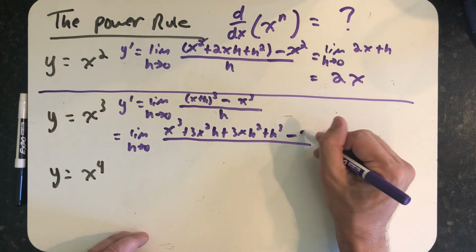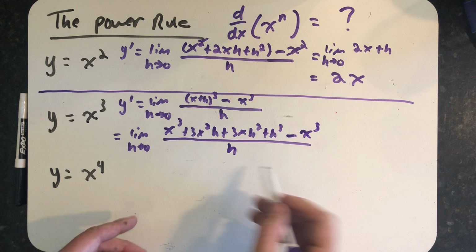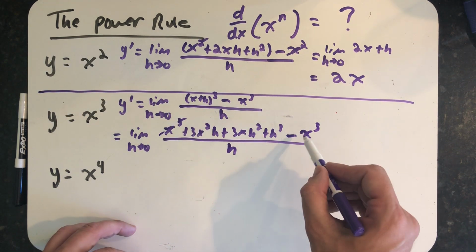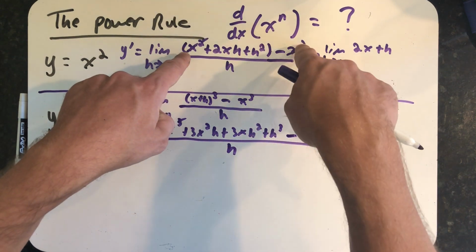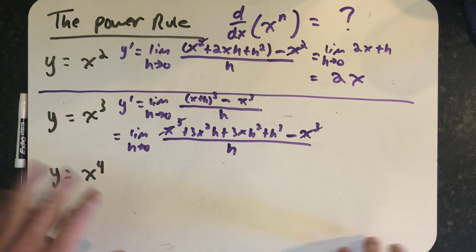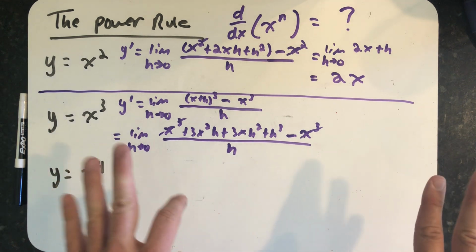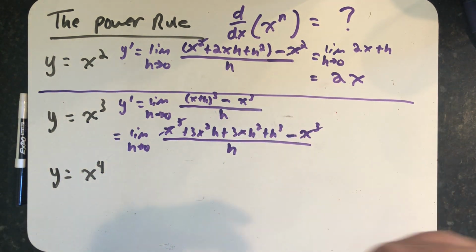Now I'm just ready for that minus x cubed. And again, the x cubes cancel. And what I see going on here is the power of x will always be the first thing and the thing I write that I'm subtracting off, so they'll always cancel. Everything else will always have an h in it because those h's powers are counting up.